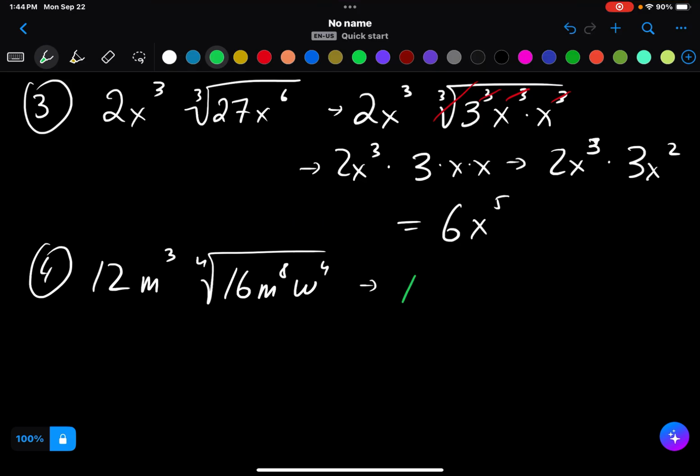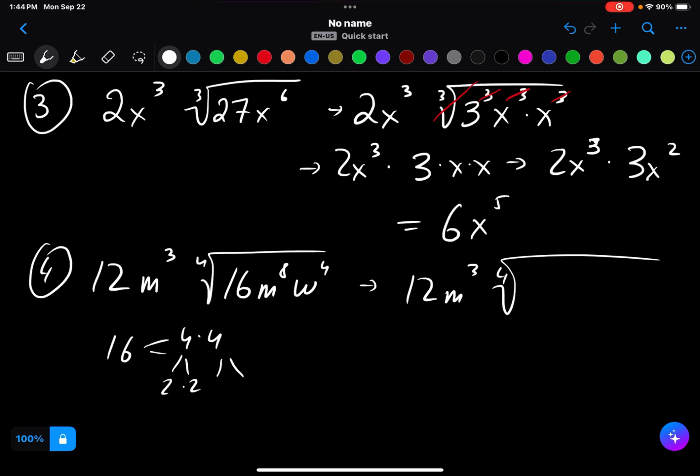So I'll still write it, but I'm just going to ignore it for a little bit. Now, to solve this power 4 radical, everything underneath has to be power 4 to cancel out. Well, remember, 16 can be written as 4 times 4, right? And each of those 4 can be written as 2 times 2. So at the end, that's 2 times 2 times 2 times 2, so 2 to the 4th power.